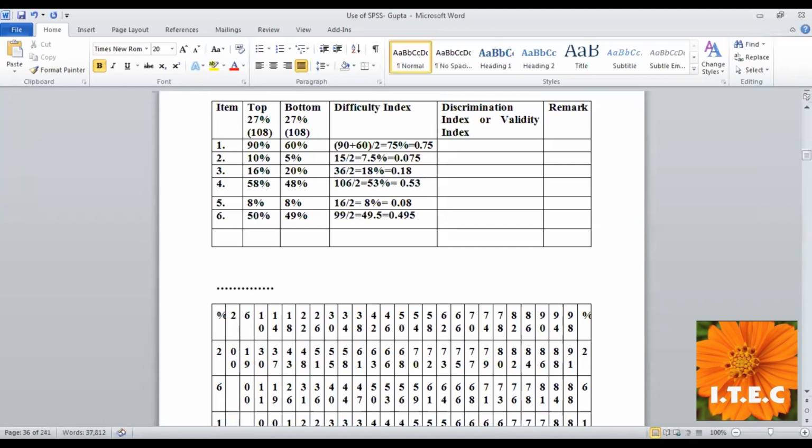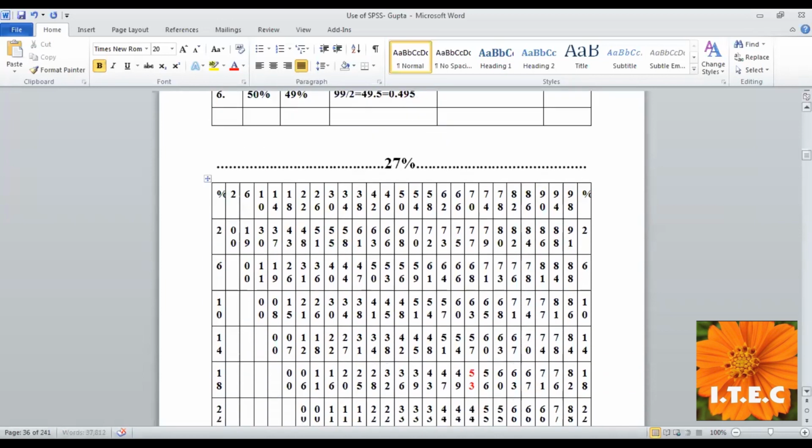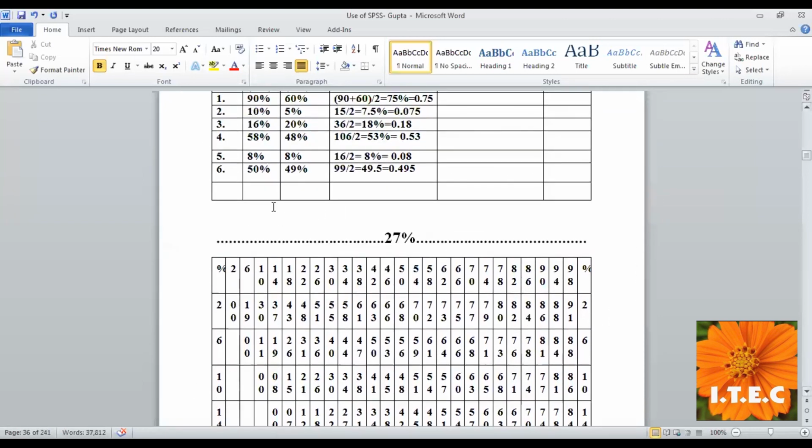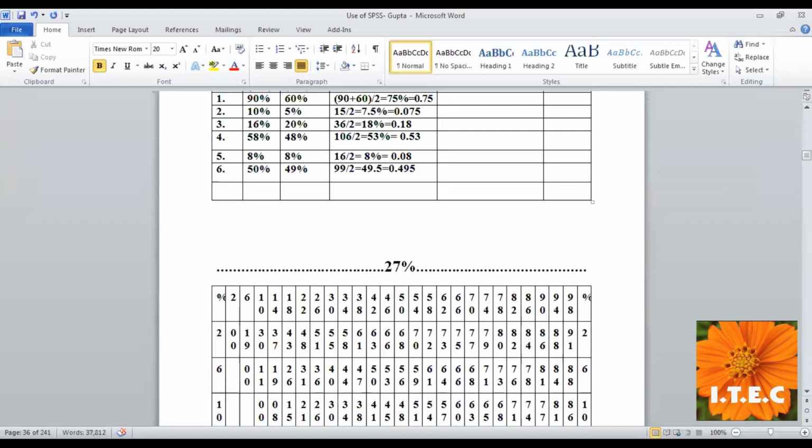This is the 27%, and this also is 27%. This is also 27%. So let me take it on one page.